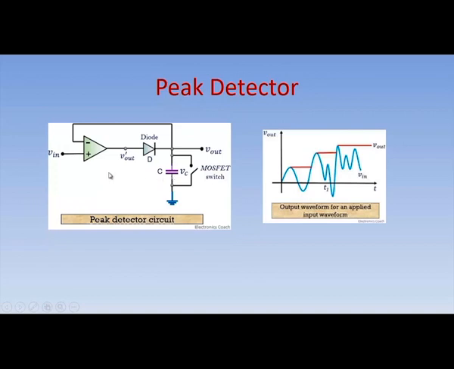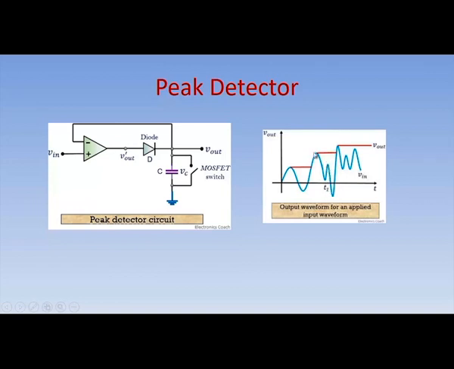So, if a new peak is arriving at the input, then the capacitor will hold the new one. When the capacitor stores the new peak, V dash out must be greater than this Vc. When you look at the waveform, this peak at the time t1 is missed out.